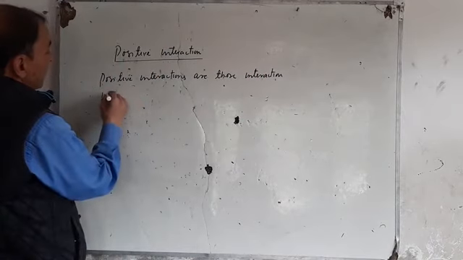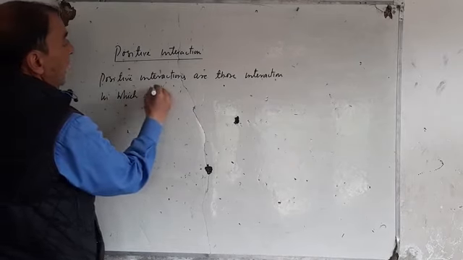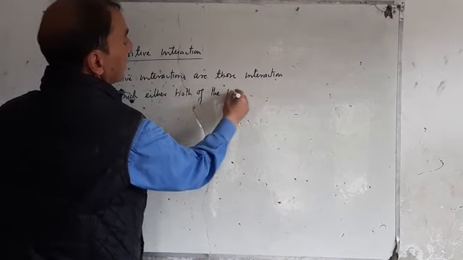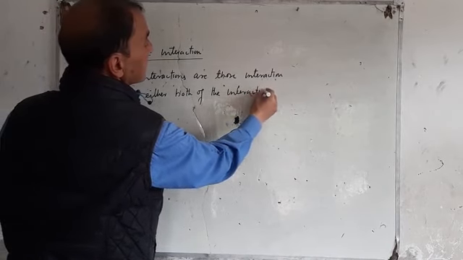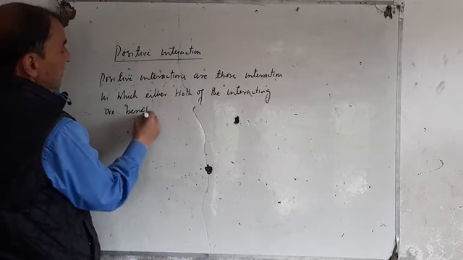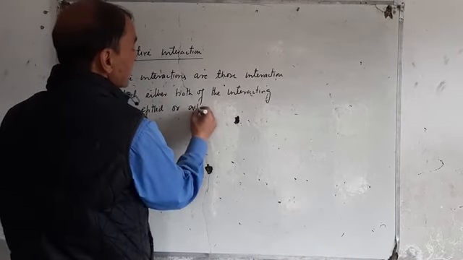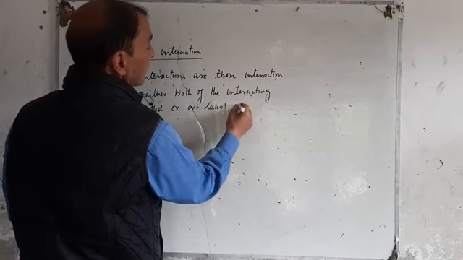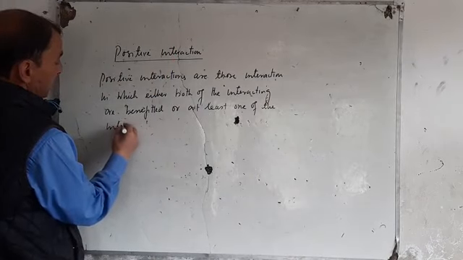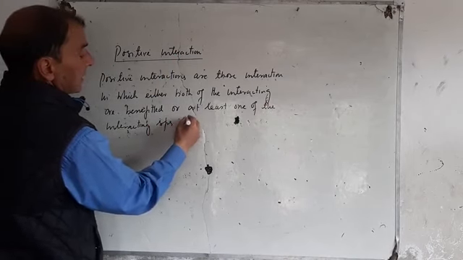in which either both of the interacting species are benefited, or at least one of the interacting species is benefited.